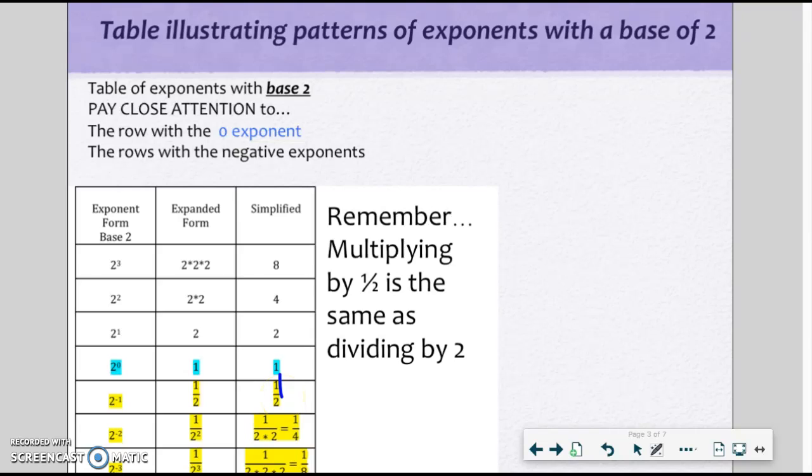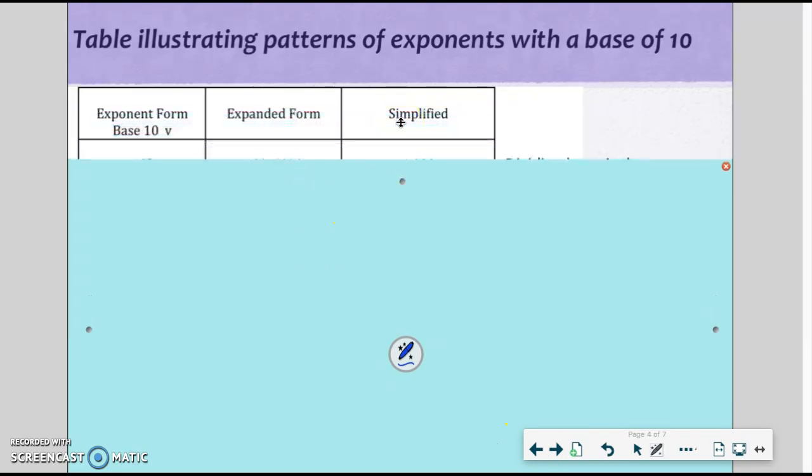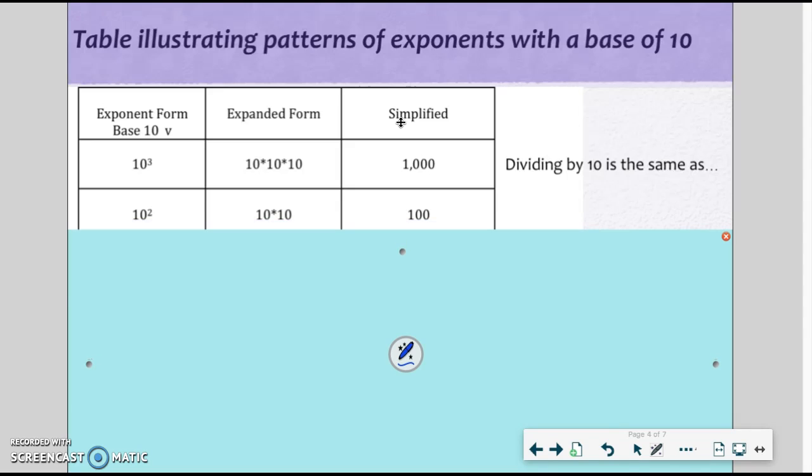Right? And 2 to the negative 3 is 1 over 2 cubed, which is 1 over 2 times 2 times 2, which is 1/8. If you want to check it with a calculator, you're more than welcome to do that. So remember, dividing by 10 is the same as what? Multiplying by 1/10.